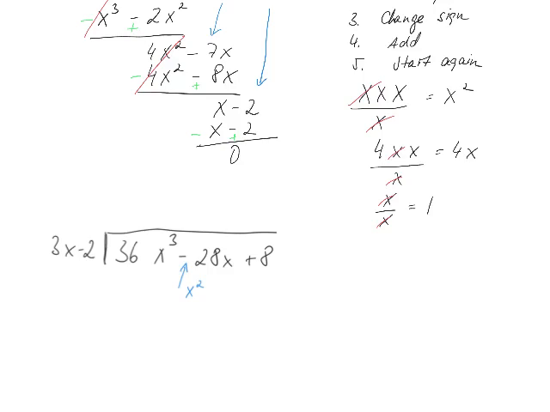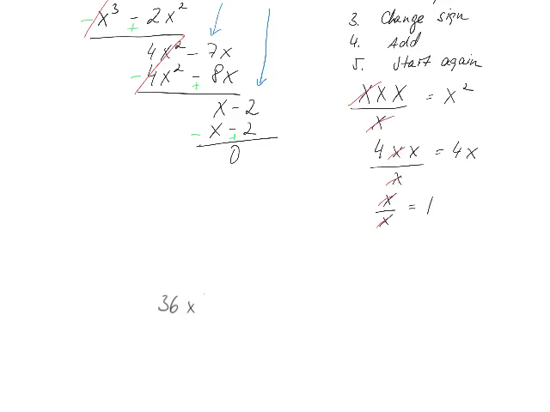So let me rewrite this. Okay, so our equation again is now 36x cubed plus 0x squared minus 28x plus 8, and we are supposed to divide this by 3x minus 2.